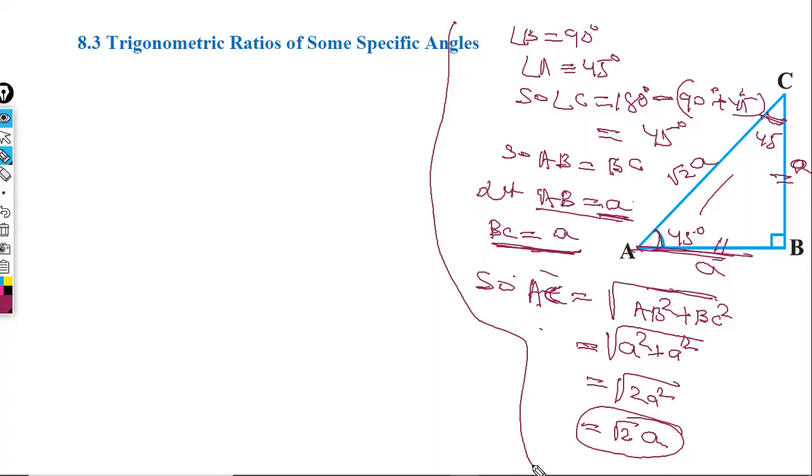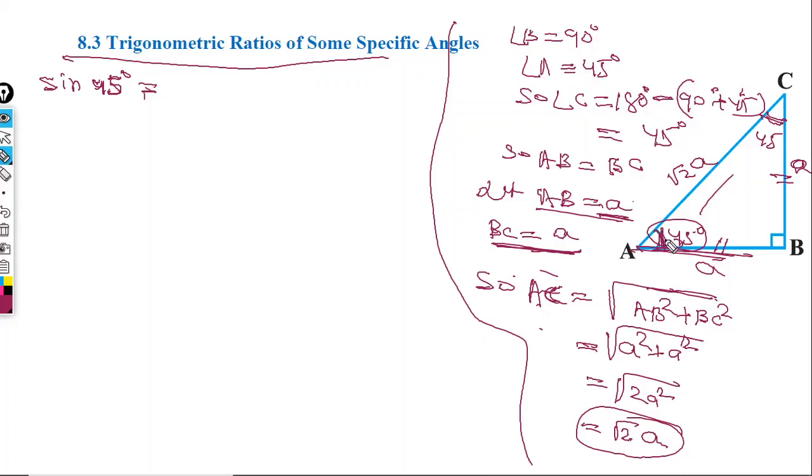So now what we will do? We will find the trigonometric ratios. We will start with sine. Here in this case it is 45 degree. Suppose we will find sine A. Look at the figure, sine A means A is 45 degree. So instead of A we can write 45. So sine 45 will be equal to sine A, and the formula for sine A is opposite side divided by hypotenuse.